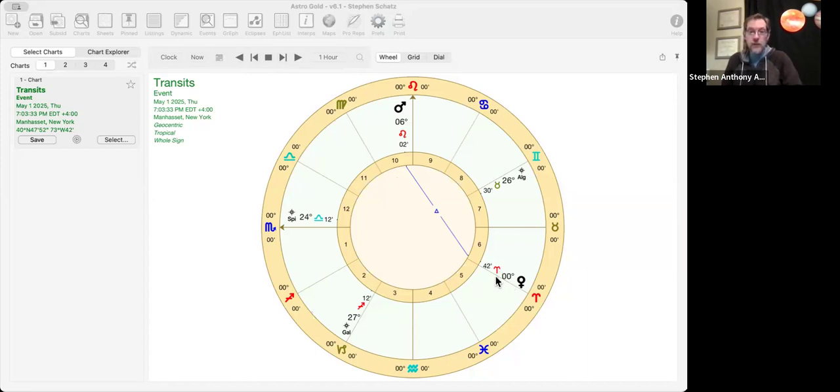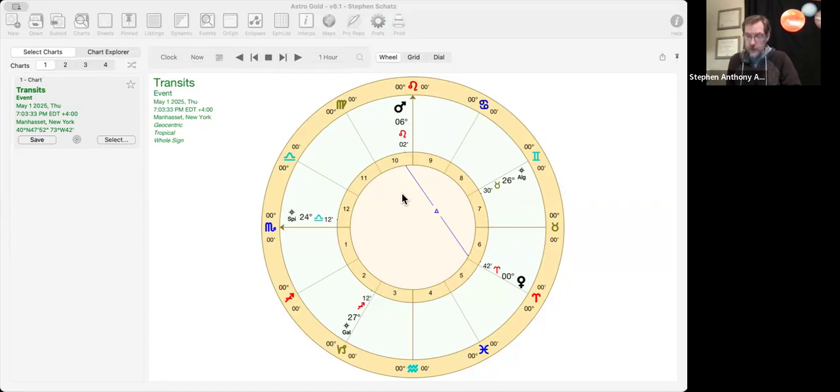So yes, this is within a 7-degree orb. So that would be what I would call a third harmonic trine.